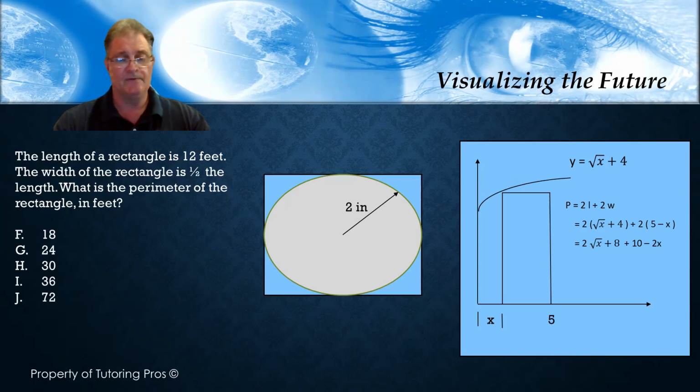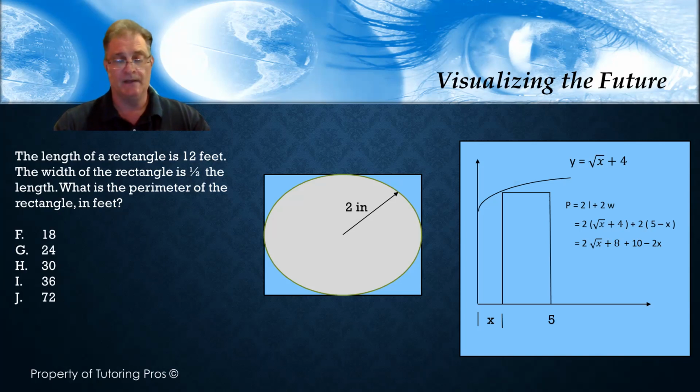We can leverage the radius by extending it across the circle to make the diameter. The diameter then will reflect the length of one side of the square. So the diameter becomes 4 inches. Each side of the square is 4 inches, giving us a total perimeter of 16.